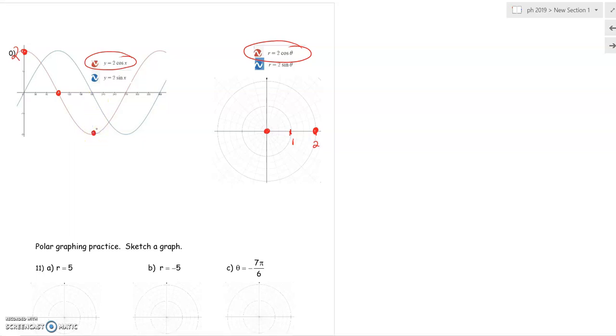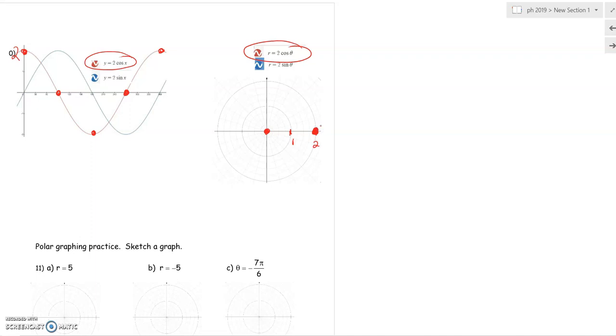At 180, we have an r value, or a y value if it's 2 cosine x, of negative 2. So think about this. At 180, our negative 2, you would go backwards. So we have a point right here. And at 270, again, we have a y value of 0, and at 360, positive 2.